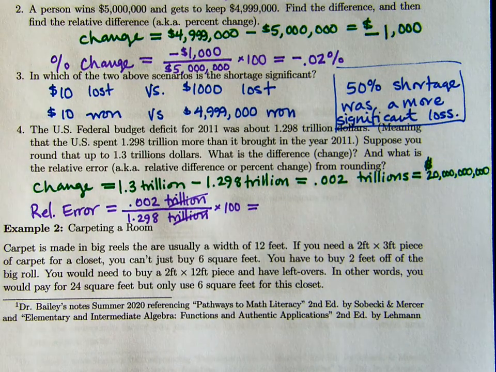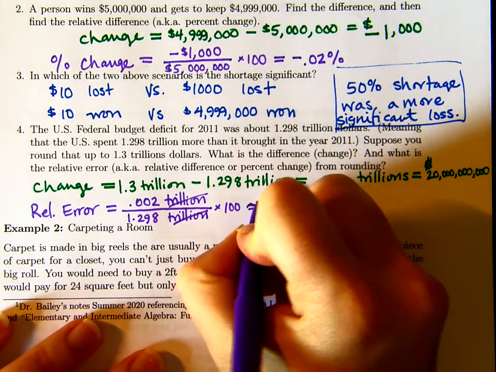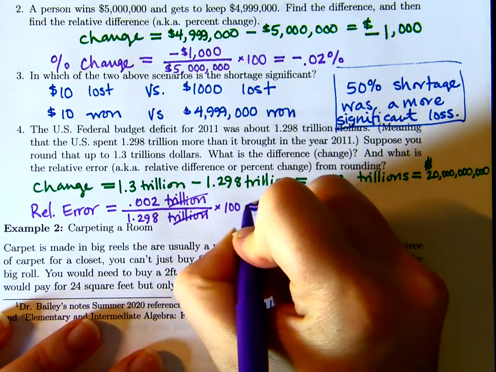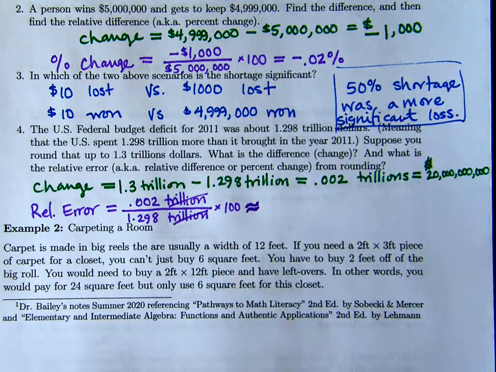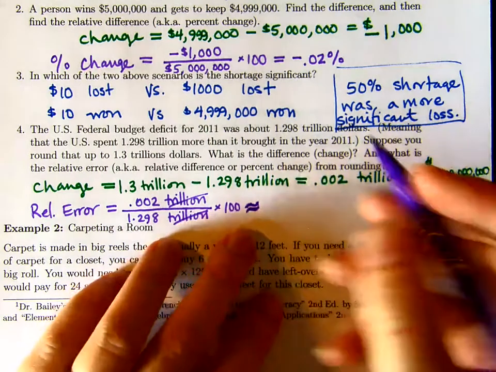I am doing this on my calculator in case you're thinking, what? This is a rounded amount. When you do that division, you get approximately 0.154%.